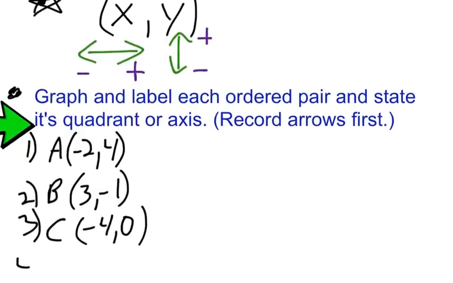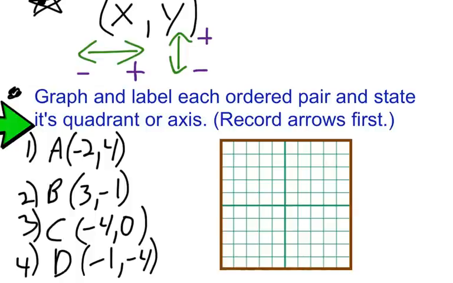Then the last one we'll do is number 4, which is point D at -1, -4. All right, we're going to make another graph, and we're going to graph and label those and state their quadrant or axis.